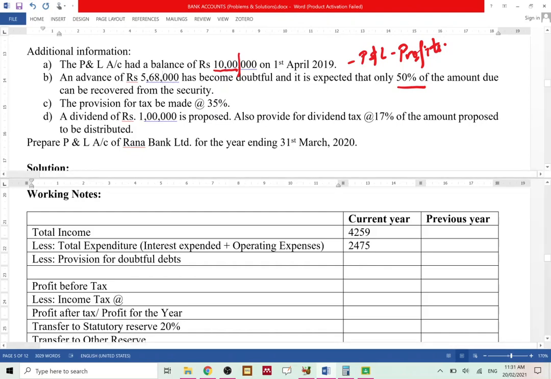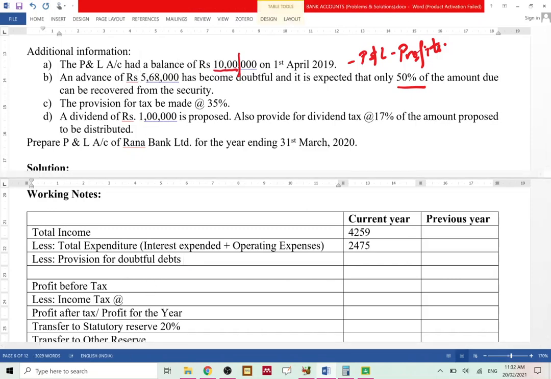So we will calculate 50% of this 5,68,000. Since all of these amounts are in thousands, all these zeros will be gone, and only 568 will be considered.